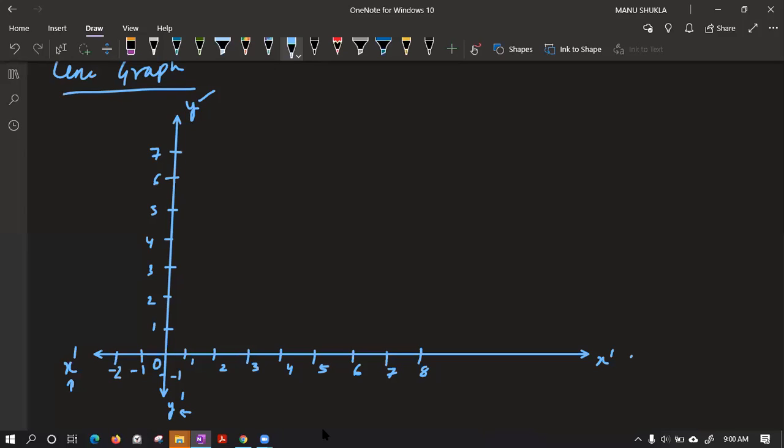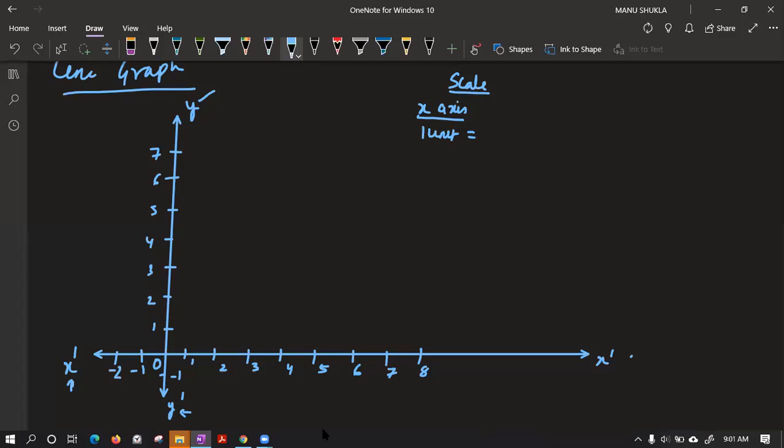Then comes the second concept, that of scale. Class, do we all remember the concept of scale? Scale tells us how much scaling we have done with the graph. In this case, can you tell me what the scale on the x-axis is? On the x-axis, 1 unit equals how much?